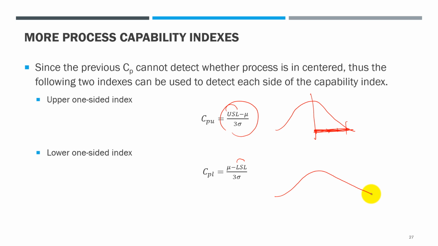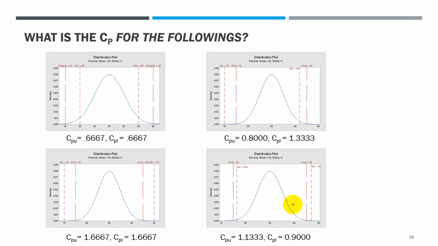You're also measuring it separately for the lower end, whether there are enough standard deviations until it gets to the lower specification limit. If you observe this formula closely, that's the story it is trying to tell you. They are measuring the capability separately on each end. Ideally we'd like to have at least 1 on each end.